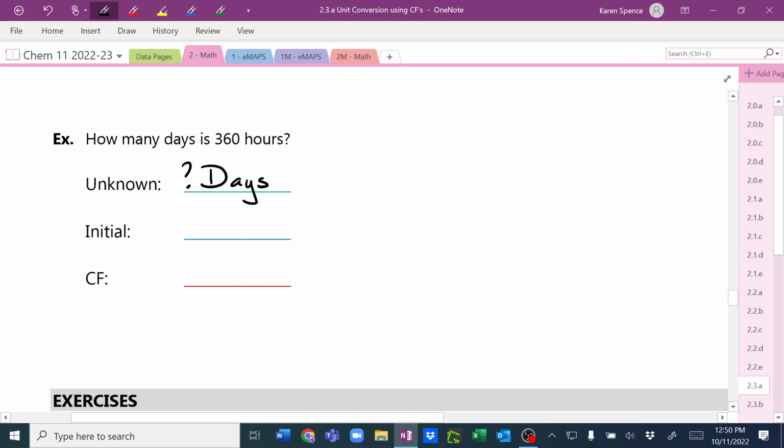What is our initial quantity? 360 hours. Do you know a conversion factor between hours and days? Yeah, there are 24 hours. Actually, I could write it like this, 24 hours per 1 day.